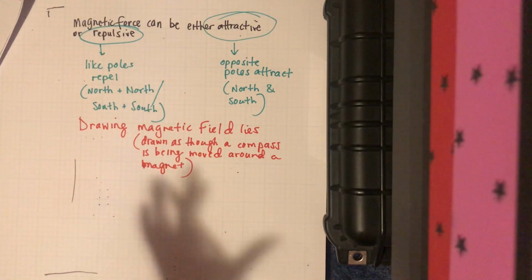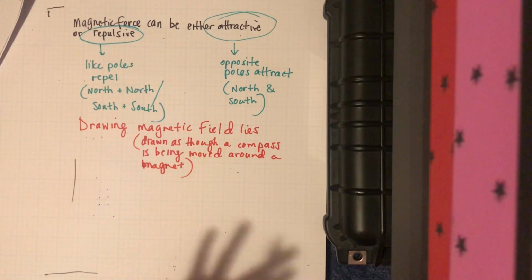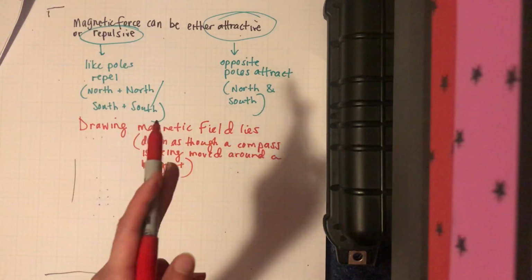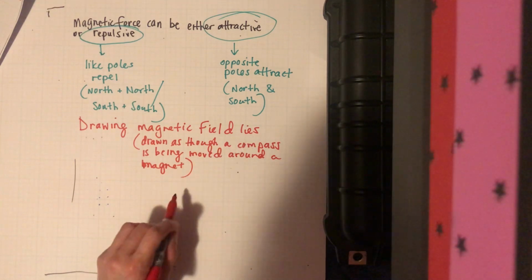In other words, the directionality of these field lines is always going to indicate which way the magnetic north would be pointed on a compass.